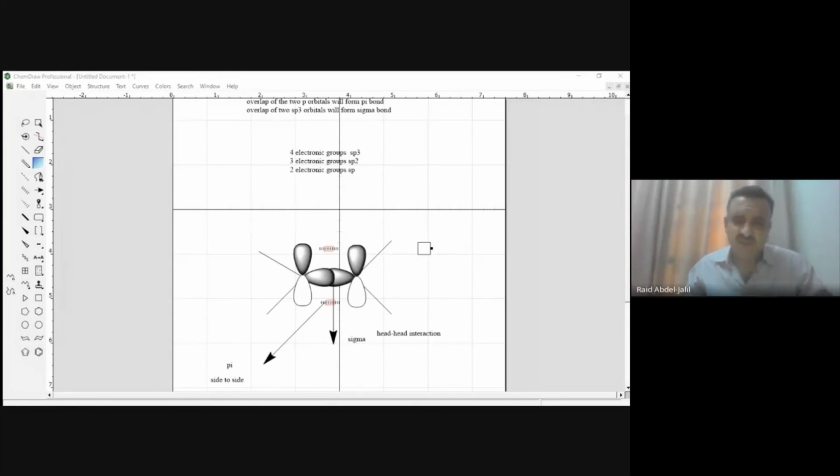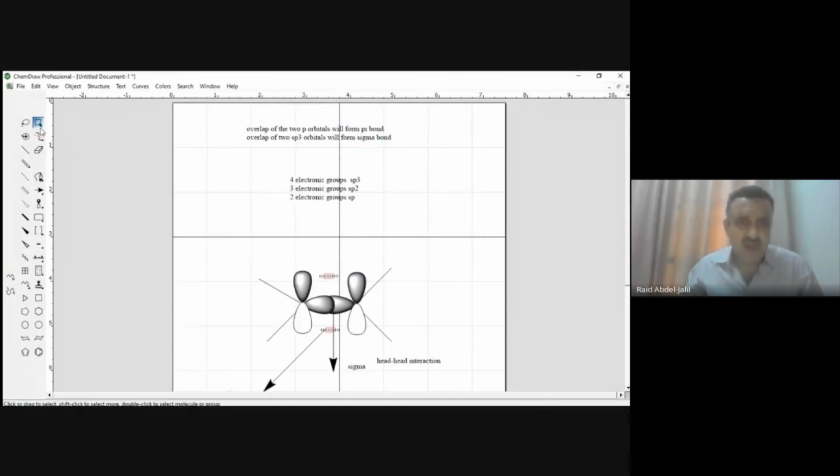Now let's move to another molecule which we call acetylene gas. When you draw the Lewis structure of the acetylene, you will see it's just a carbon triple bonded with another carbon, and then we have hydrogen.